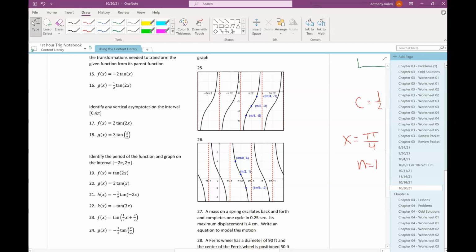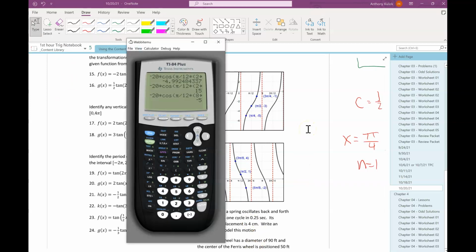And it's worth noting that you could check this if you wanted to on your calculator, making sure I'm in radian mode. If I do 2 times tangent of 2 times pi over 4, that should give me an error because it's an undefined value.